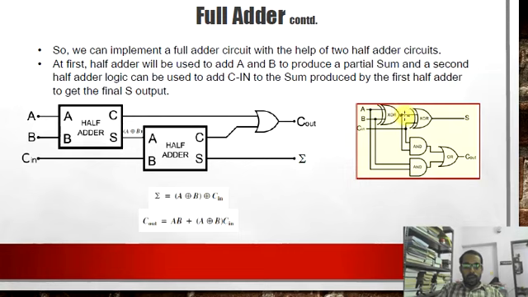This output, that is A XOR B of the first XOR gate, is given to the input of the AND gate along with C in, and the output of that one is given to the OR gate, and the second input to the OR gate is the AND operation between A and B. So that forms the C out and sum.